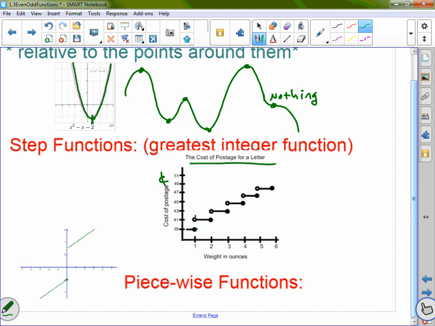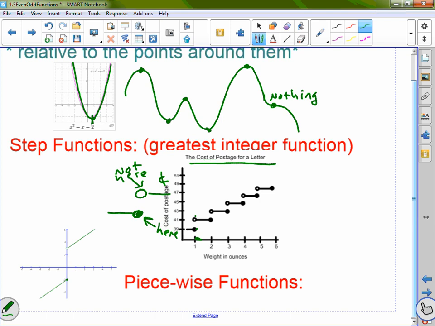That open circle that we have says not here. That closed-in circle says it's here. So at one ounce, it's 39 cents.